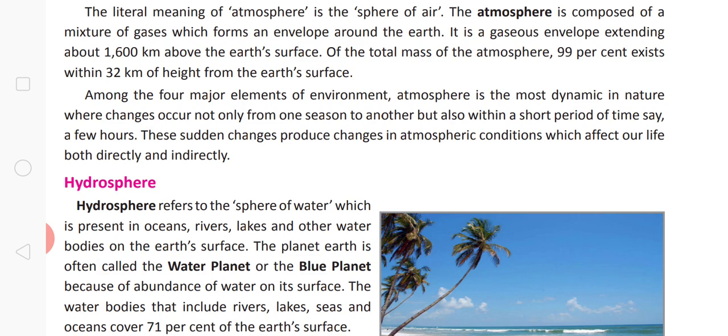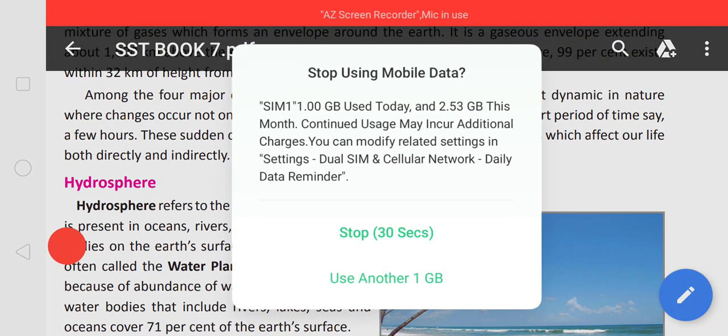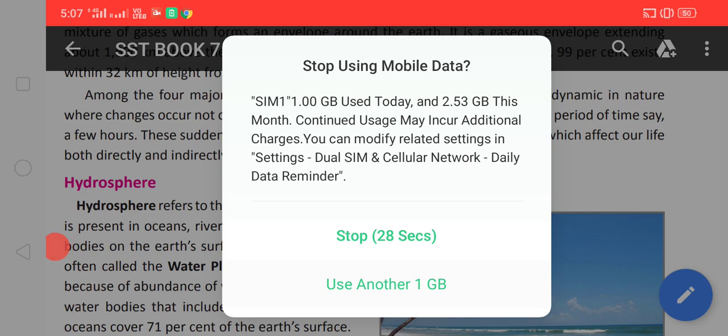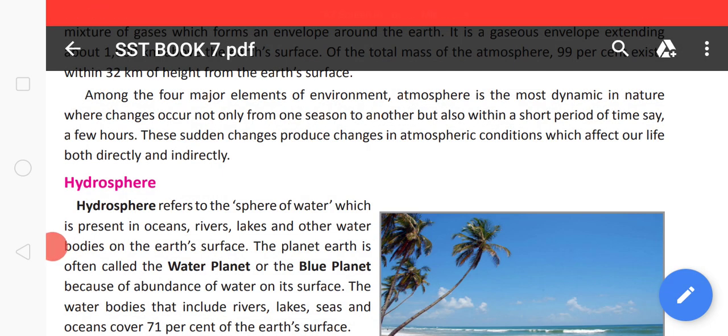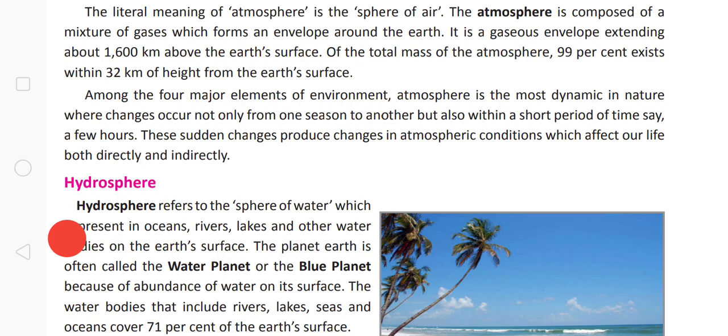I want to correlate this topic with the states of matter, because there are three states of matter: solid, liquid and gas. And gases, as you read earlier, are dynamic in nature. So here the atmosphere is also very dynamic in nature.